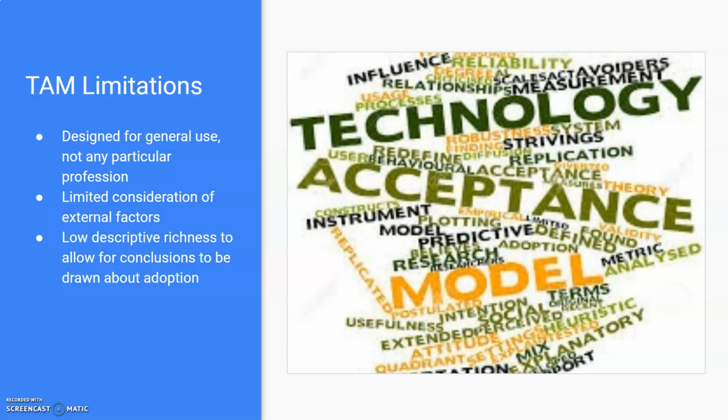So what are the limitations of the TAM model? It's designed for general use, not any particular profession. It has limited consideration of external factors and low descriptive richness to allow for conclusions to be drawn about adoption.